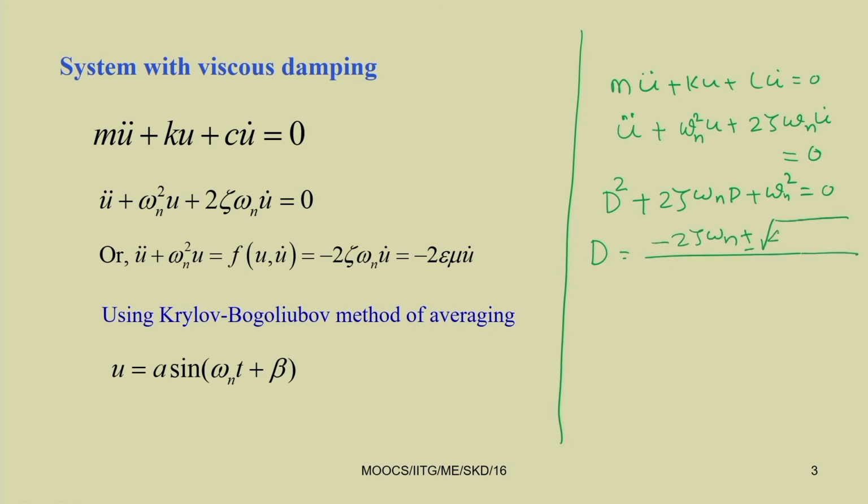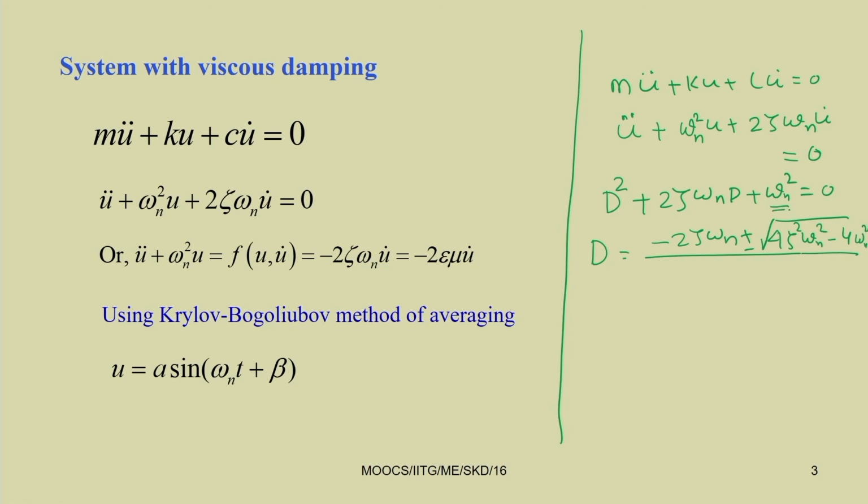Here b square is 4 zeta square omega n square, and 4ac is 4 into omega n square.